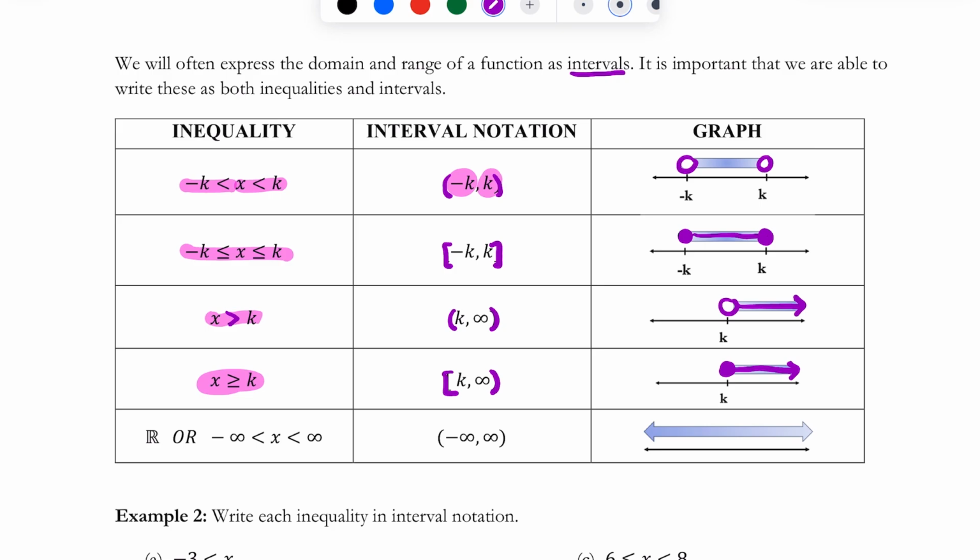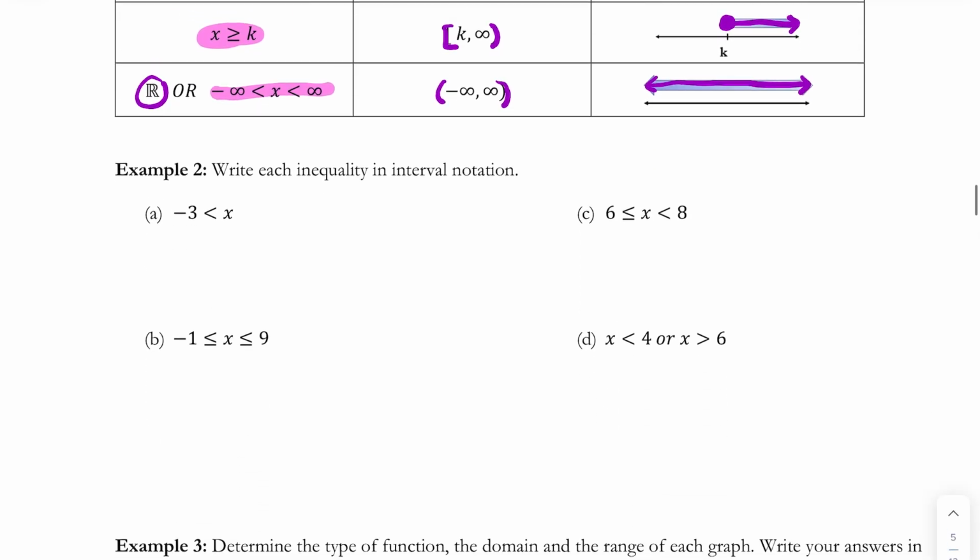And then lastly, if x is between negative infinity to positive infinity, that really means that's the entire number line or x-axis, so we can use that double bar R for all real numbers, and we'll write that as negative infinity to positive infinity, because I can go all the way to the left and all the way to the right.